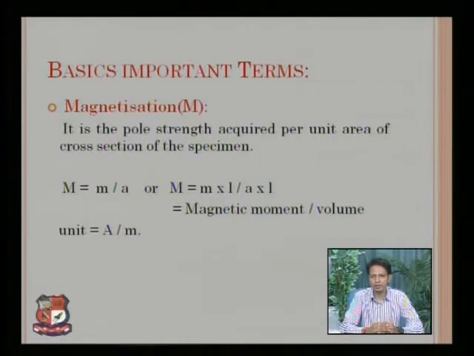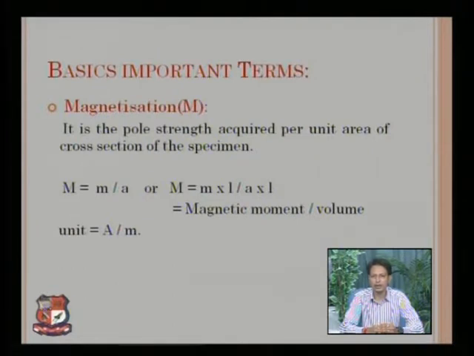Now if we redefine the magnetization, then it can be defined as M is equal to small m into L, where small m represents the pole strength, multiplied with the distance between the two poles, divided by area of cross section multiplied by length.